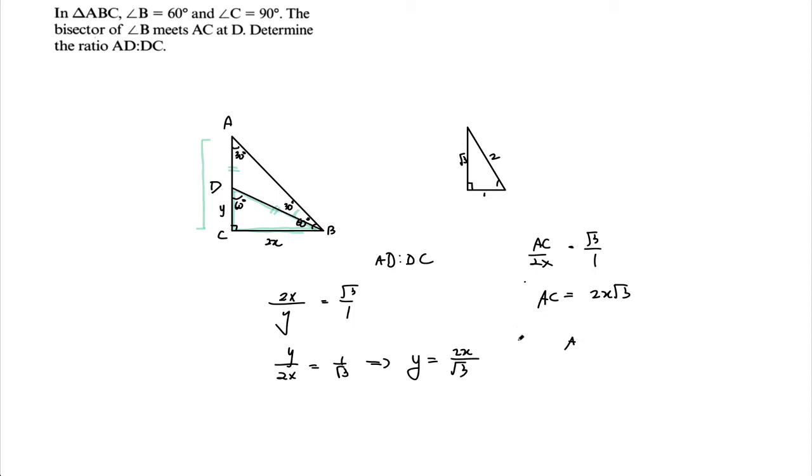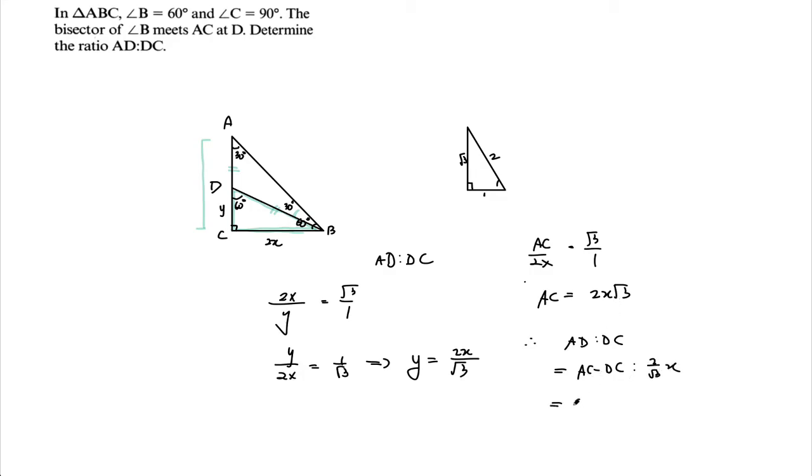Okay, with that, we can now get the ratio here. AD to DC. AD is AC minus DC. And DC, well, is this. So 2 over root 3 x.